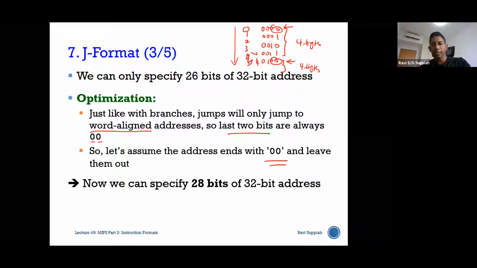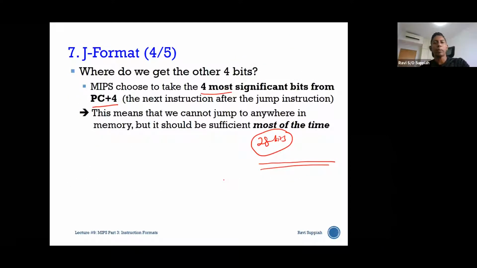So with that, we can now say that the 26 bits automatically becomes 28 bits, because we can ensure that the last 2 bits will always be 0, since you're always going to jump to a word aligned address. So how about the remaining 4 bits? The remaining 4 bits are taken from the PC plus 4.